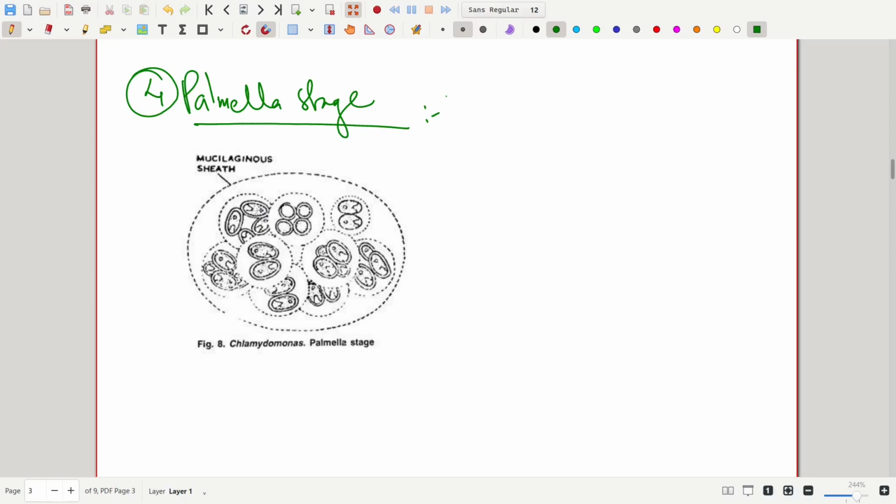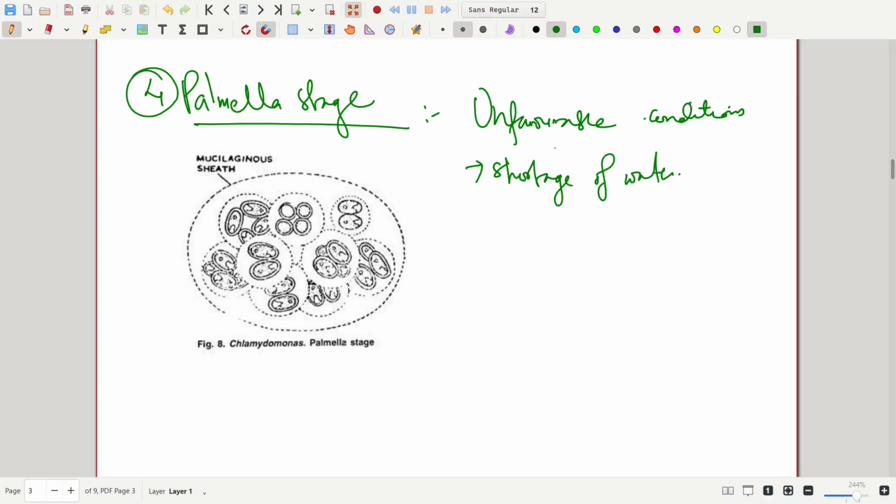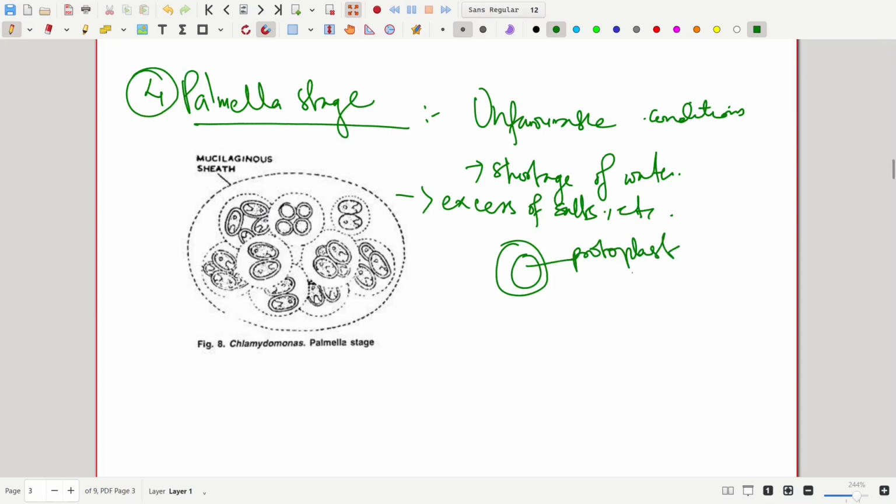So the Palmella stage is formed under unfavorable conditions like shortage of water, or excess of salts, etc. Here the protoplast inside divides to form a lot of daughter cells but does not form zoospores.